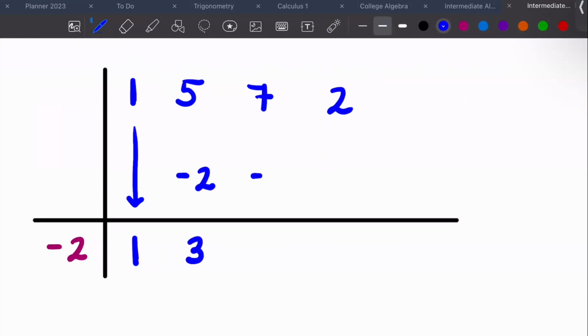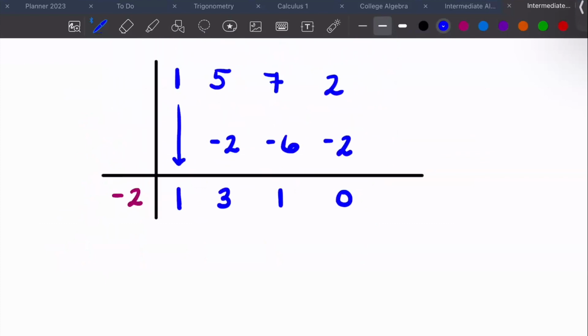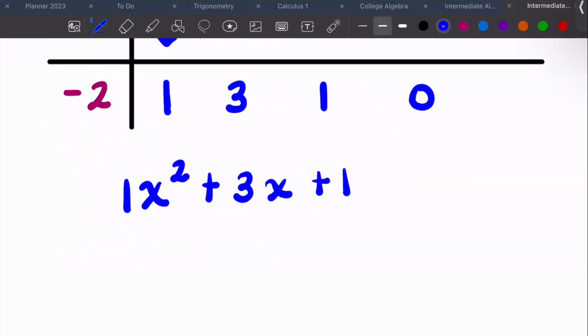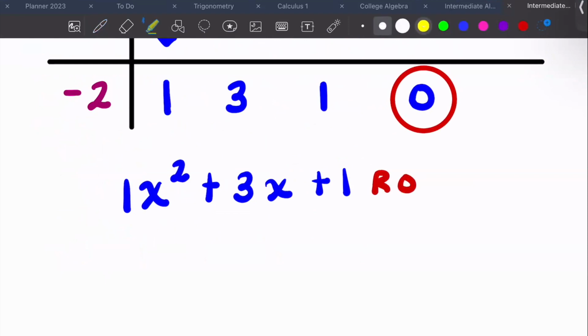Multiply, get -6, get 1, get -2, get 0. We started with x cubed, so we're going to start with squares. So x squared plus 3x plus 1. Your remainder in this case is what? 0.